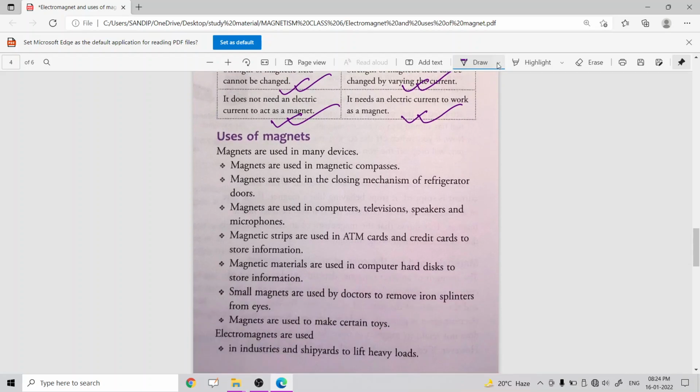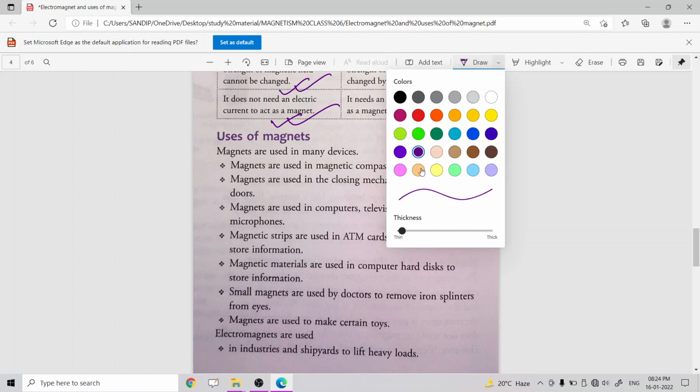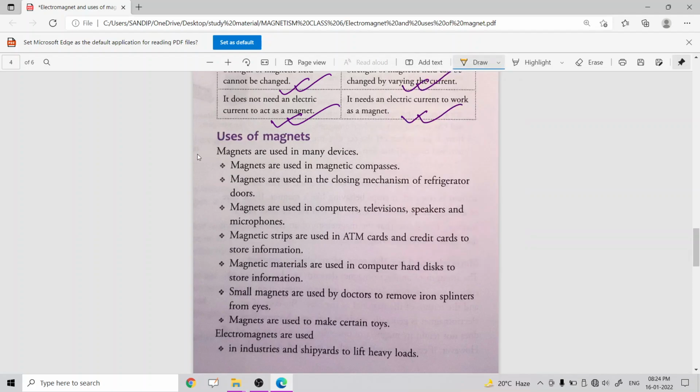Now we move to our next point, that is, uses of magnets. Generally, magnets are used in several devices, or we can say in many devices. At first, magnets are used in a magnetic compass.